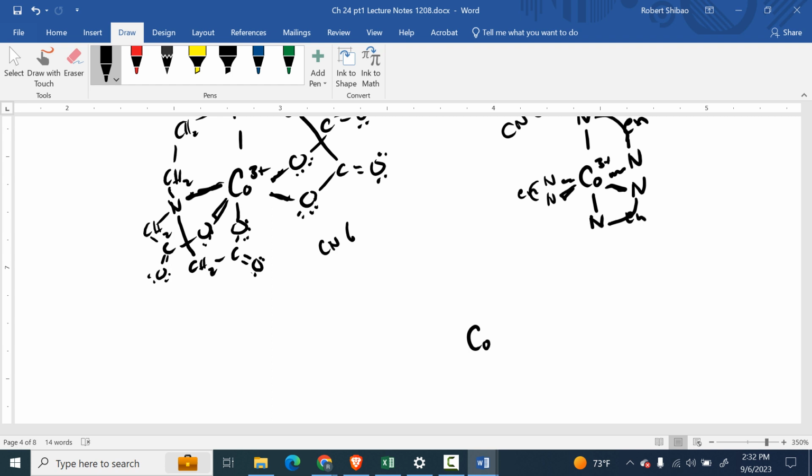What do you name this? All right. The name for this is called tris, not tri. It's called tris(ethylene diamine). Now we can't use the abbreviation in the name, so we have to learn how to spell it.